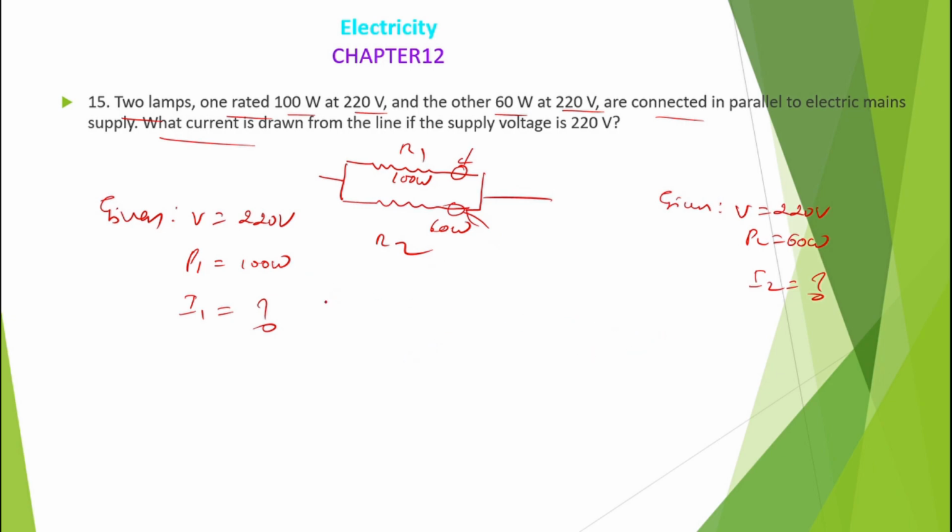Okay. So now R1 is equal to V square by P. V square means 220 whole square, divided by P1, 100 watt.